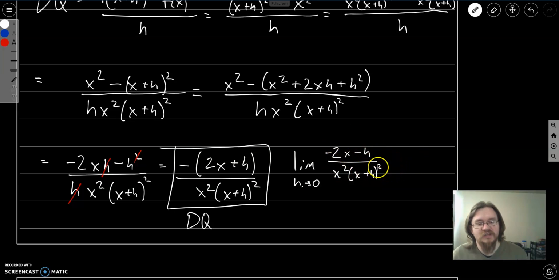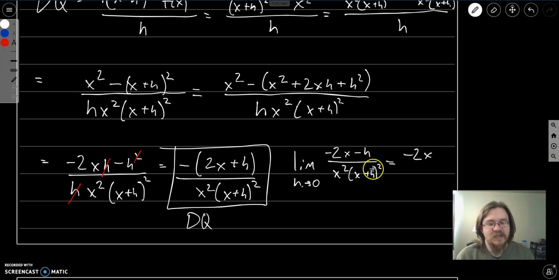What I can do is I can just take the limit of the top and I can take the limit of the bottom. So if I take the limit of the top as h goes to 0, well, h is just going to go away. So I'm just going to get minus 2x on top.